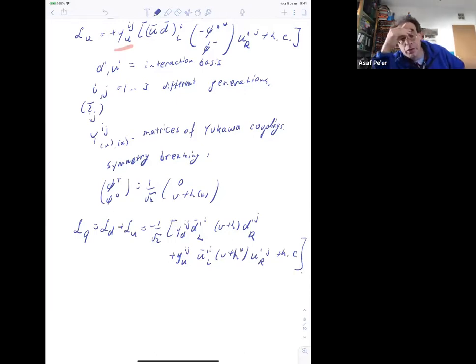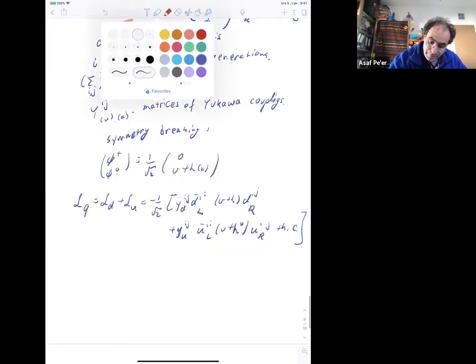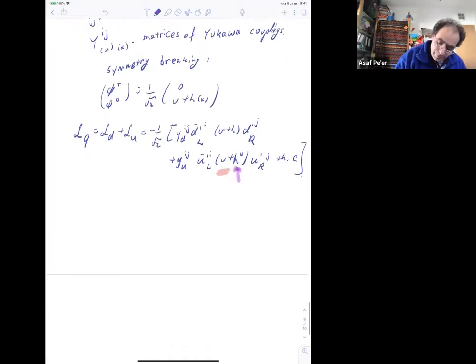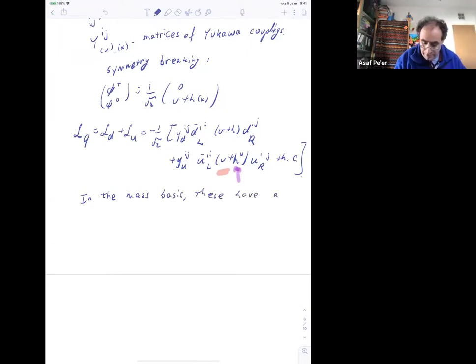So again, similar to what we got for the leptons, we have one mass term, the v, and a second term which couples the quarks to the Higgs. Right? And in the mass basis, these have a diagonal form.